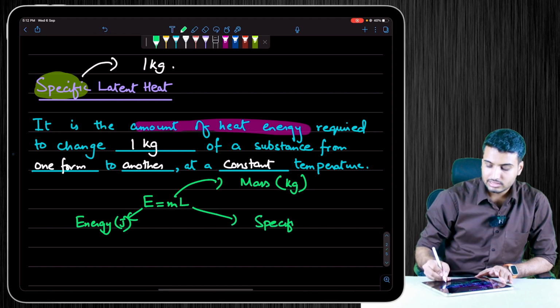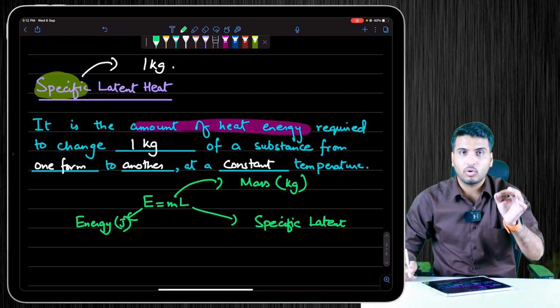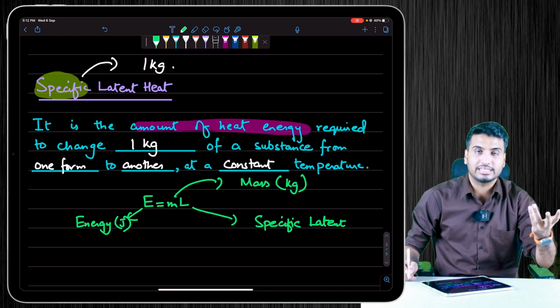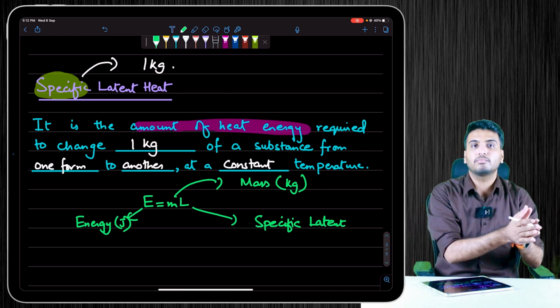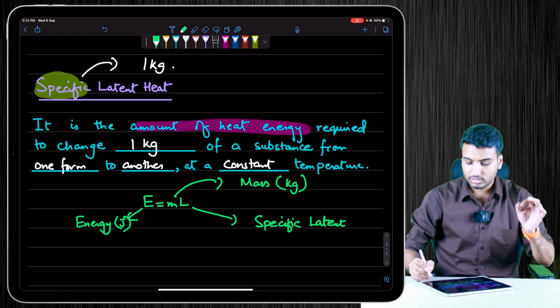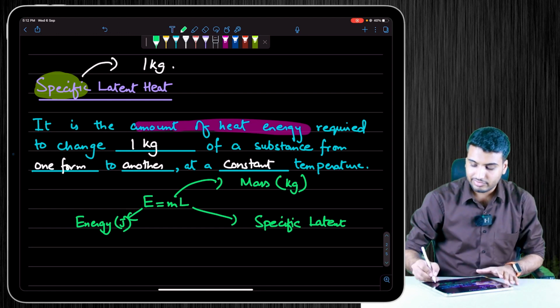It can be specific latent heat of fusion, or it can be specific latent heat of vaporization as well, depending upon the scenario of the question.